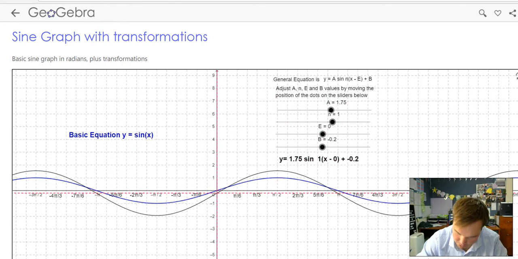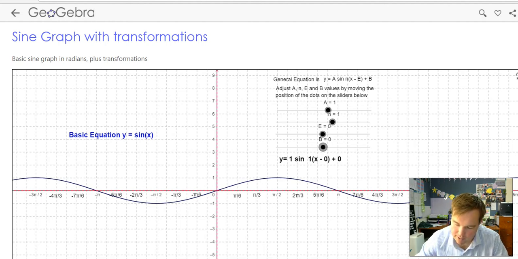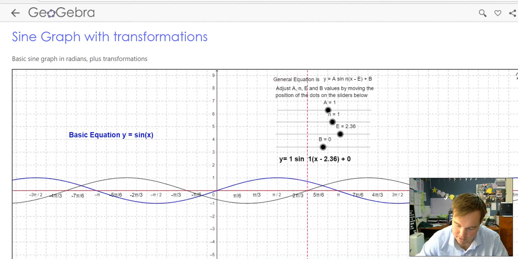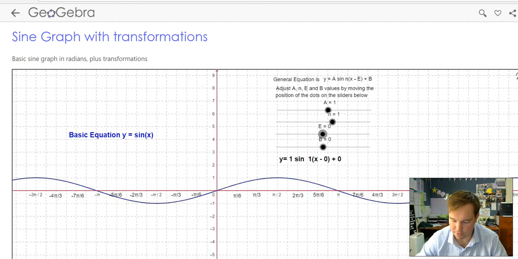Alright, so back to the start. Let's look at E. E in this case, here, adjusts the horizontal translation. So we just move it backwards and forward.